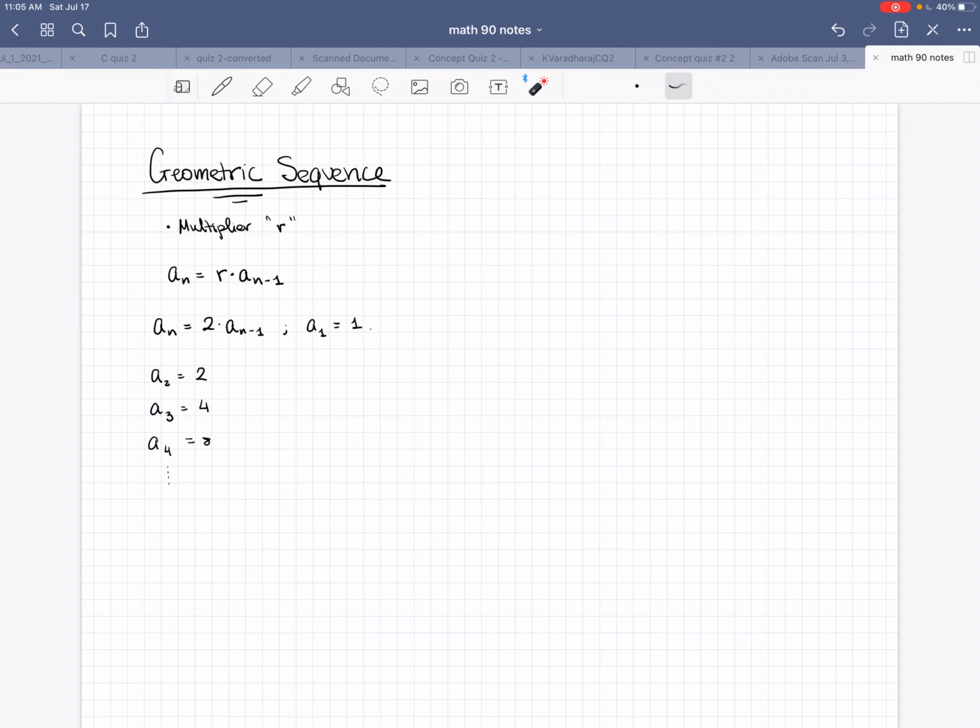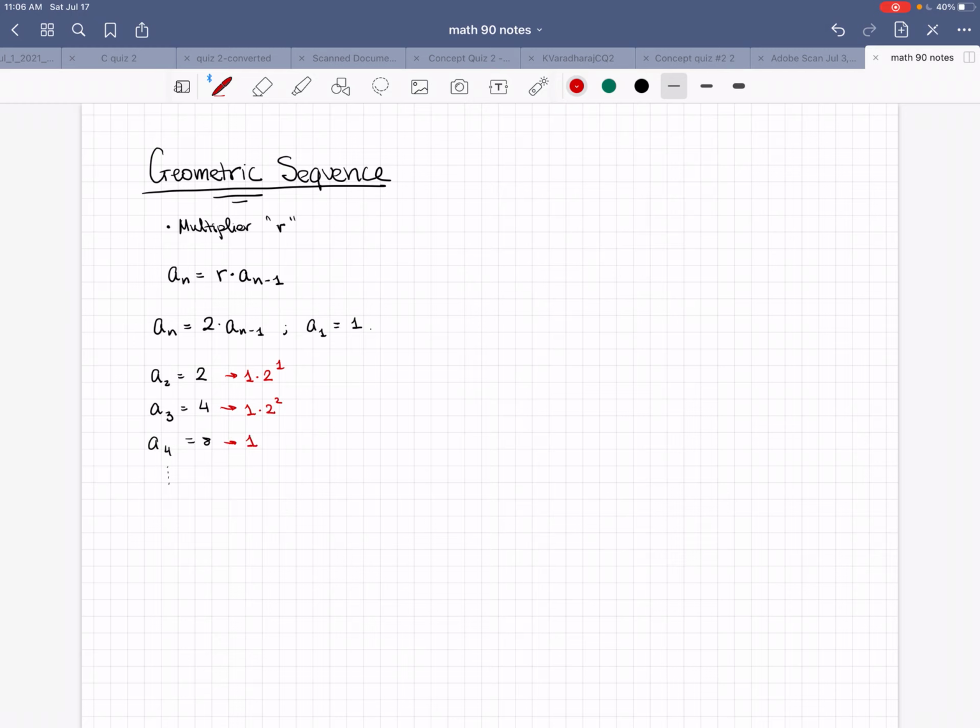But every geometric sequence has this exponential component that the nth term is going to have a power of the multiplier in it. So I want you to notice here that a sub 2 is 1 times 2 to the first power. A sub 3 is 1 times 2 squared.